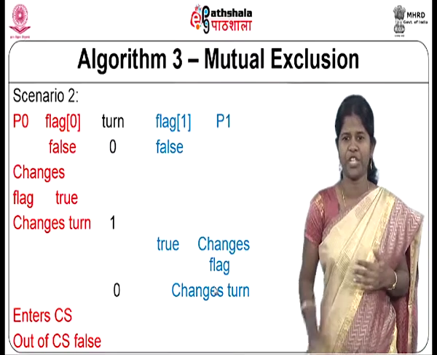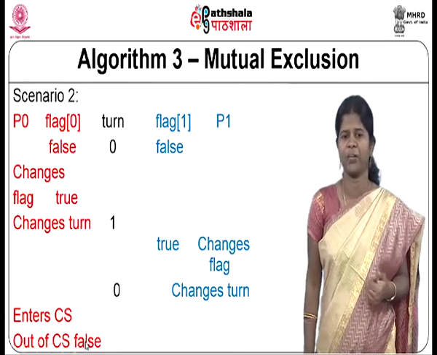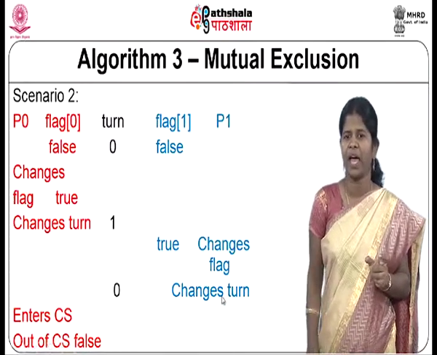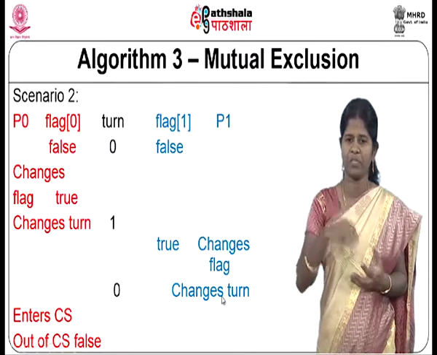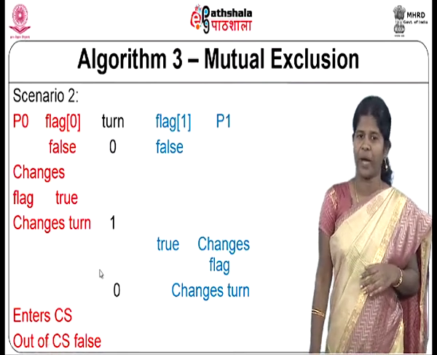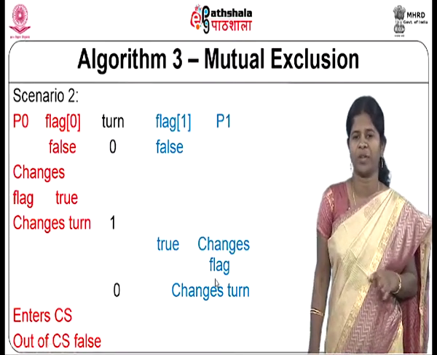Flag of j for P1 is flag of 0, flag of 0 becomes false and hence the while condition becomes false and P1 can enter critical section.